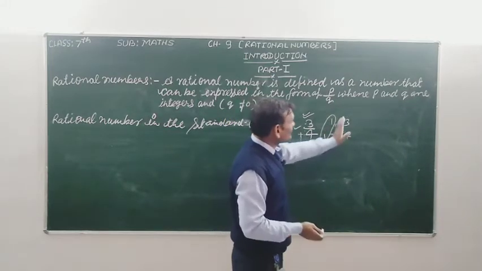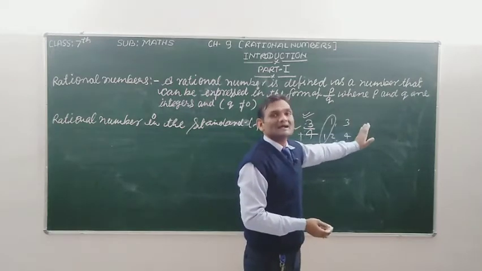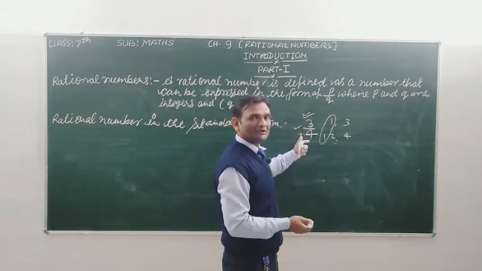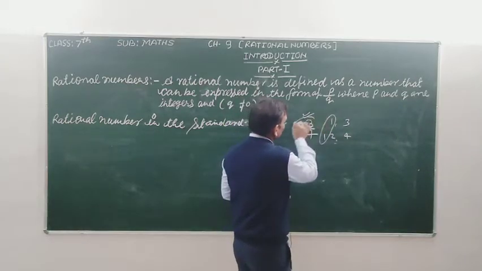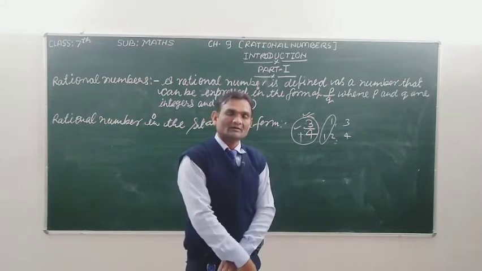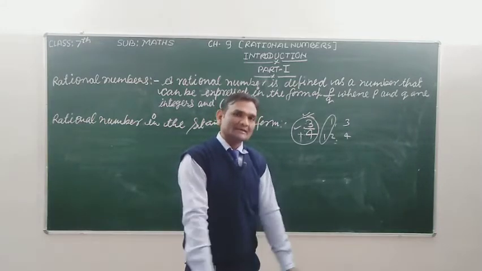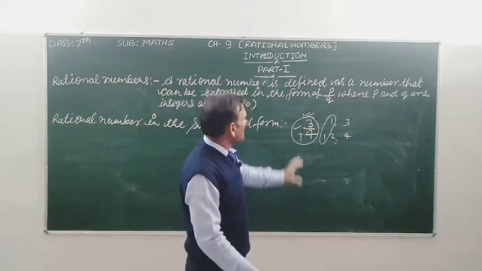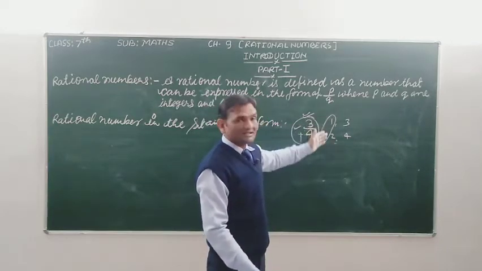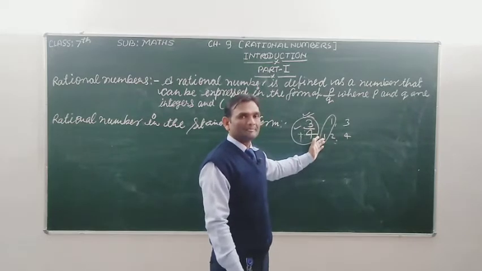Other numbers are not common factors of 3 and 4. So this is in the standard form or lowest form or simplest form. The meaning of all is the same. So 3/4 is in the simplest form, you can say.